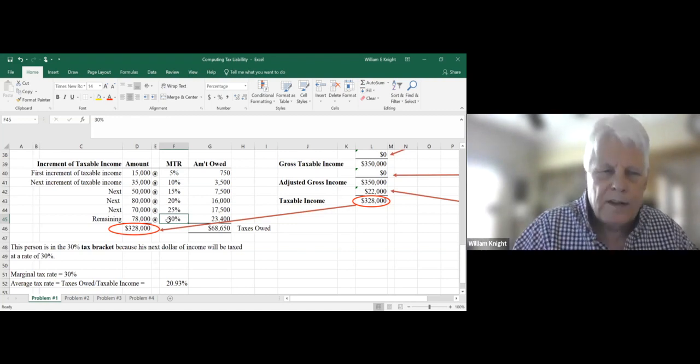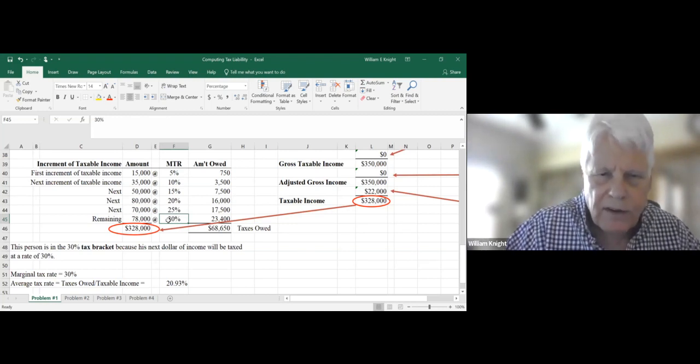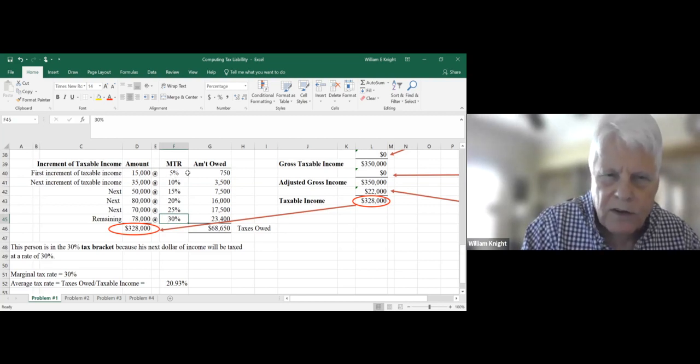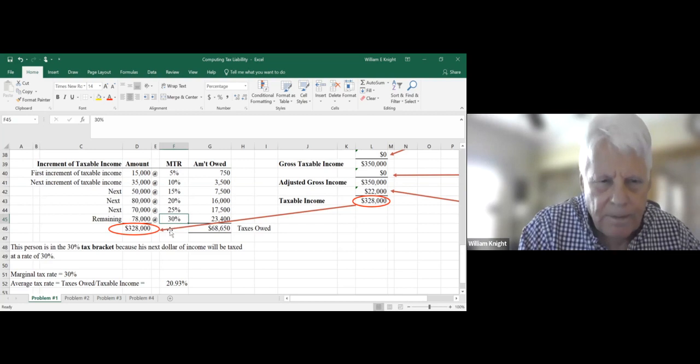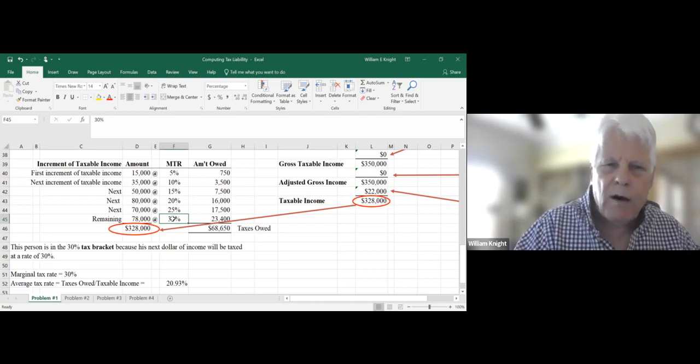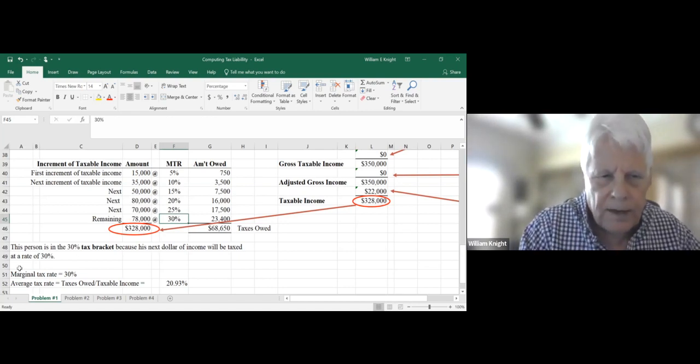But of course, that doesn't mean his entire income is taxed at 30%. This segment was taxed at 5%, that segment was taxed at 10%, etc. He's in the 30% tax bracket because that was the tax rate that was imposed on his last dollar earned. That was his marginal tax rate.